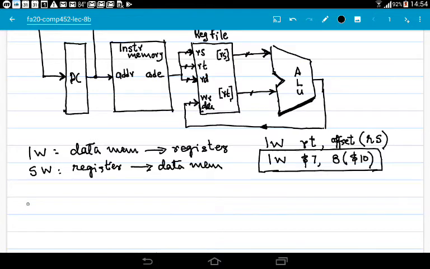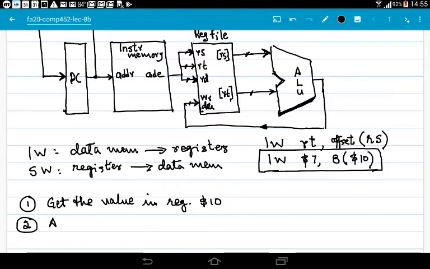First of all, this instruction will get the value in register 10 to add 2's complement offset to it.